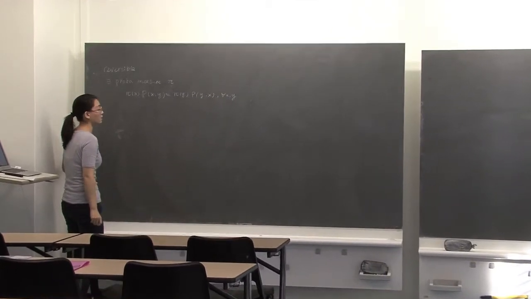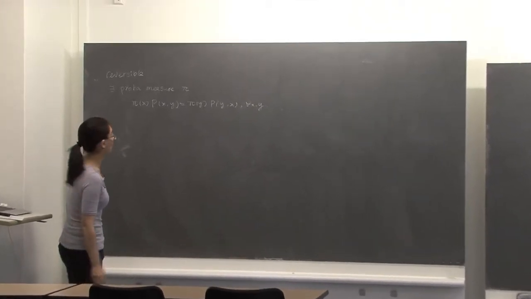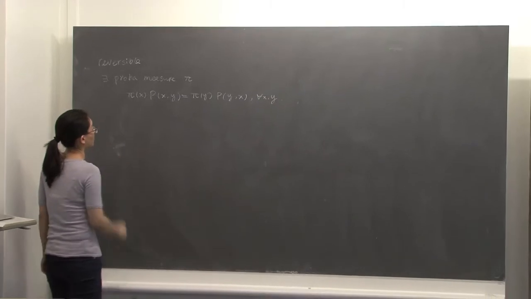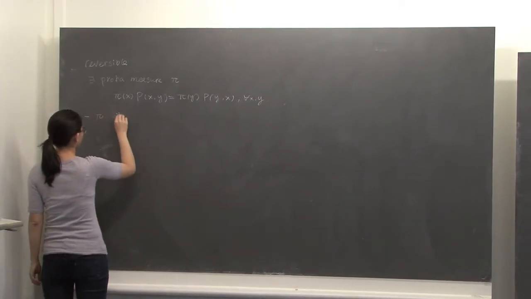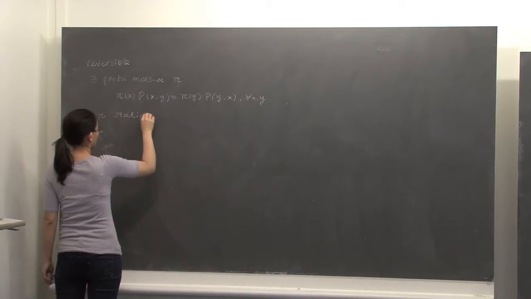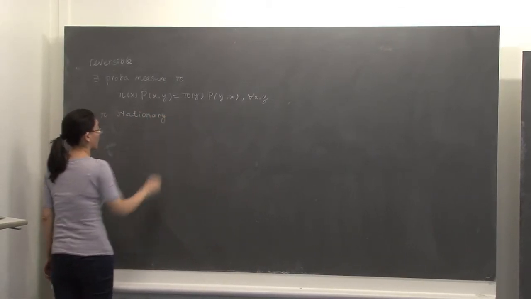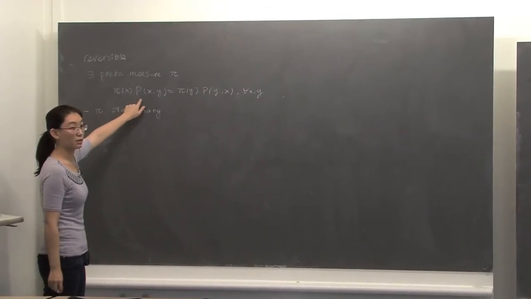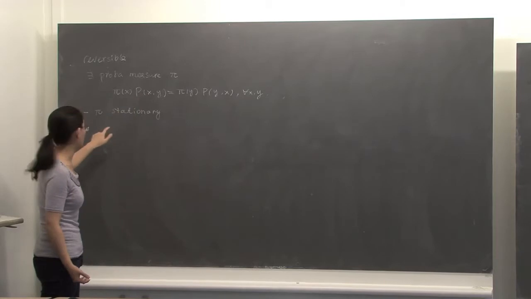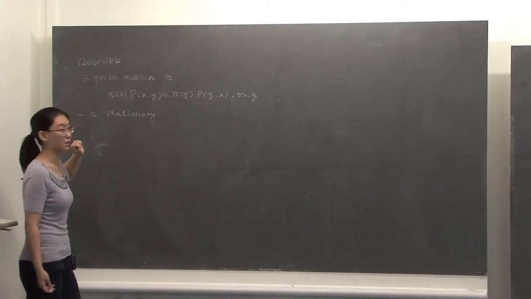And in the first lecture, we showed that if such a probability measure exists, then this pi has to be the stationary measure. And in particular, if we know that the Markov chain P is irreducible, then the stationary measure is unique. So this is the unique stationary probability.